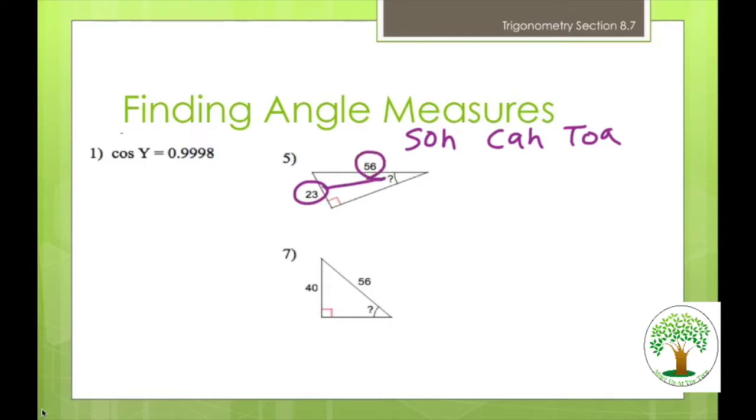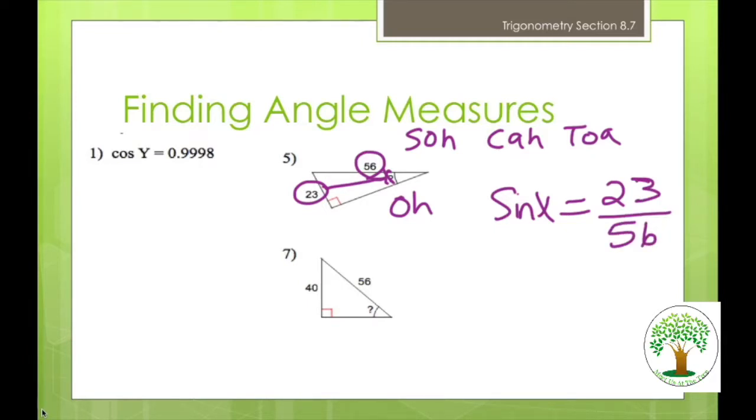Is this the hypotenuse or the adjacent? The hypotenuse. So that was opposite and hypotenuse. Which one is that in the SOHCAHTOA? It's going to be sine. So I'm going to call that x right there. Sine x equals 23 over 56. Are you with me so far?